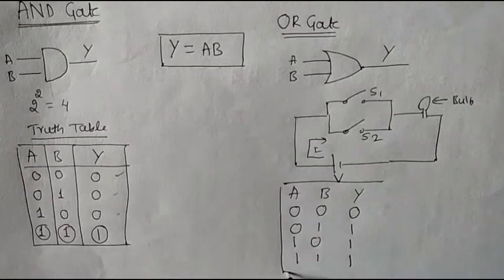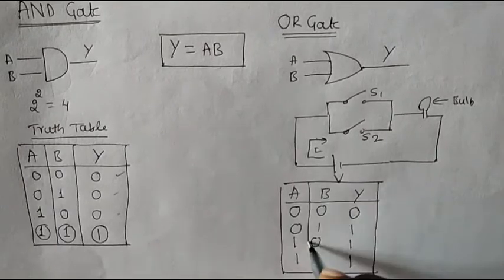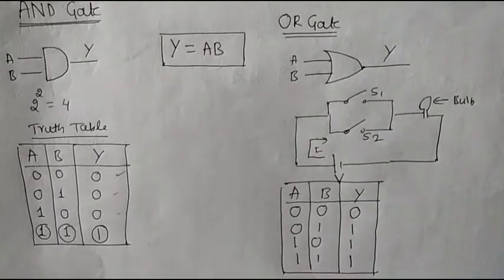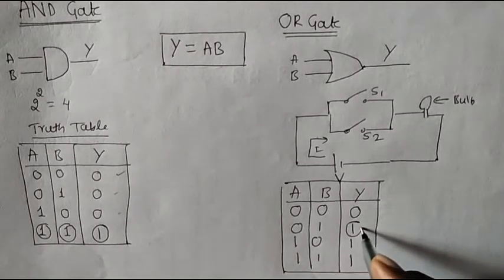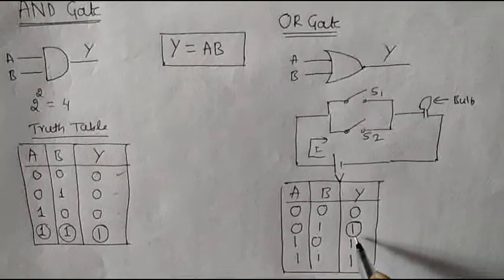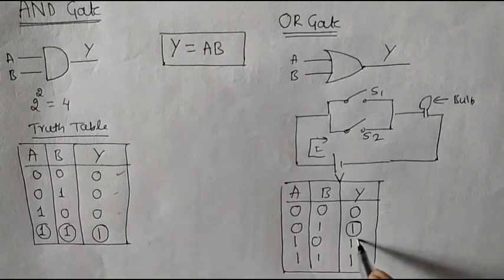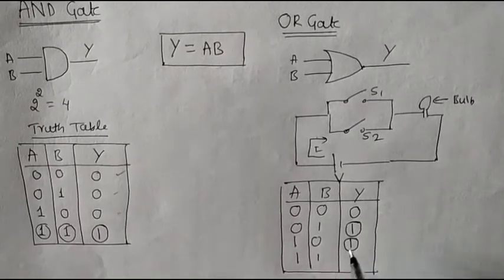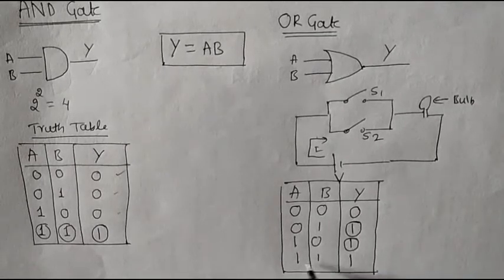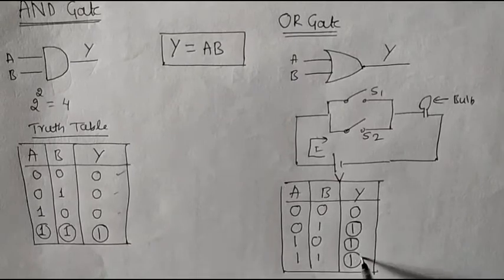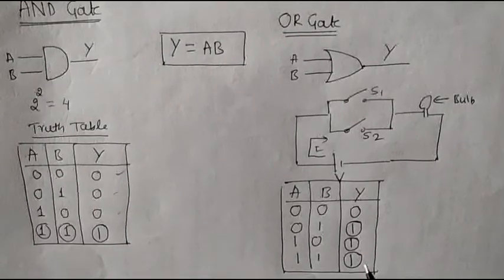So in OR gate, if any one of the input is 1, the output is 1. So here the output is 1 for the values A equal to 0 and B equal to 1, and for A equal to 1, B equal to 0, we have 1, and when both are 1 1, the output is 1. Now let us write the Boolean expression by seeing this truth table.